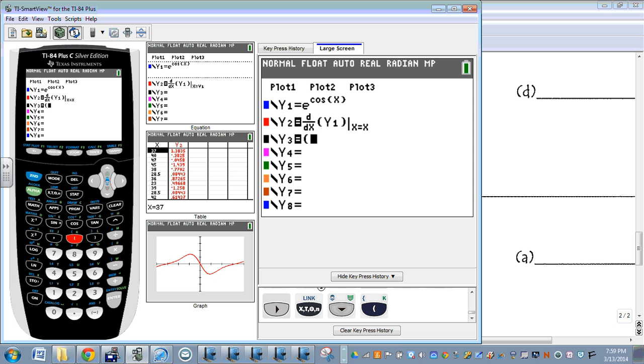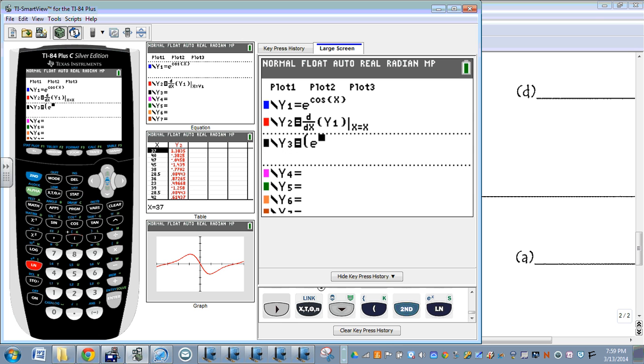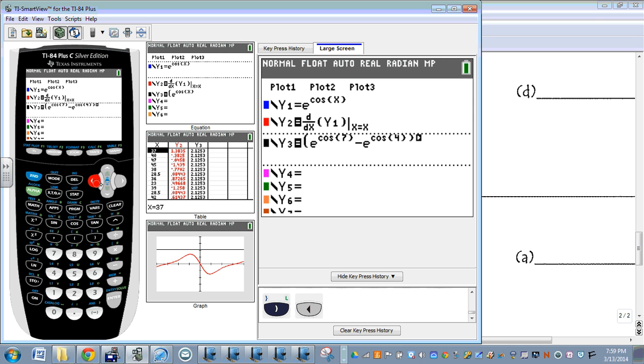So I'm going to put parentheses around that numerator, so all of that divided by 3.